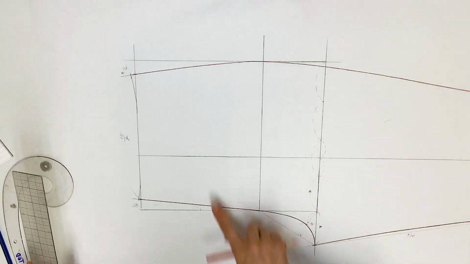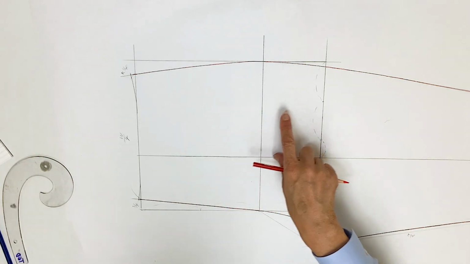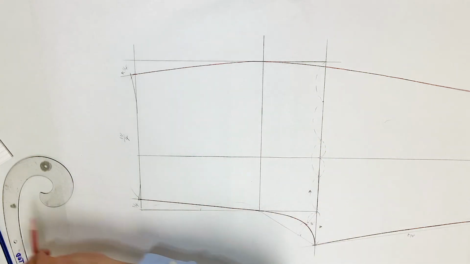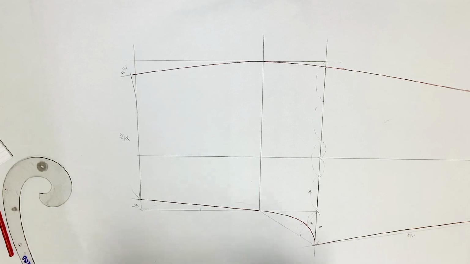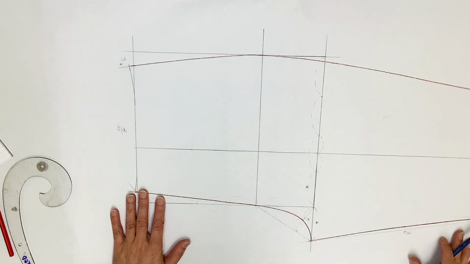Now you can clearly see which lines are the finished front pant lines. Okay, so let's draft the back.